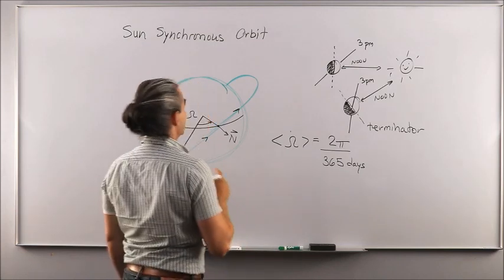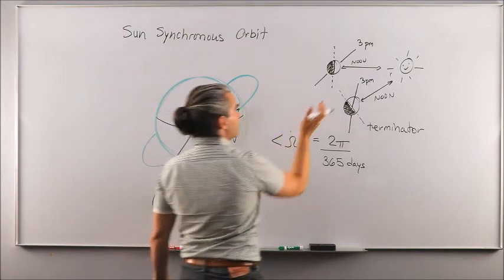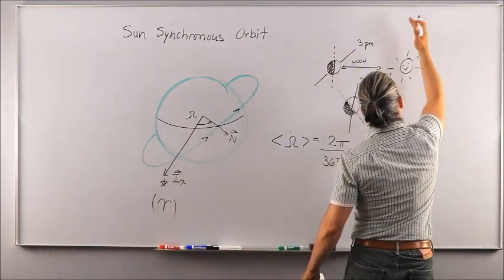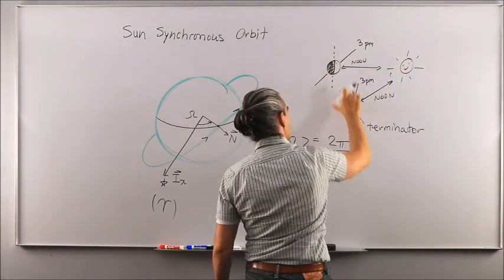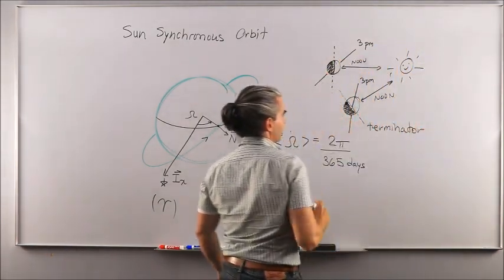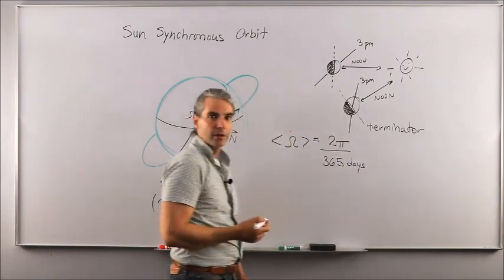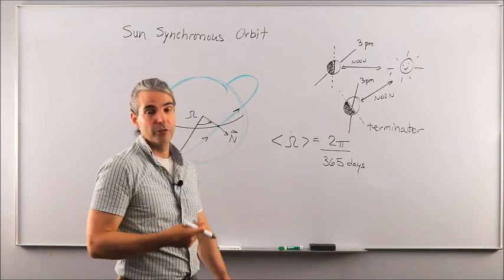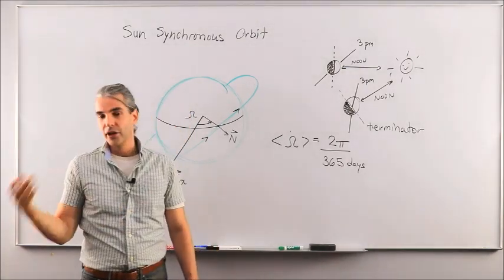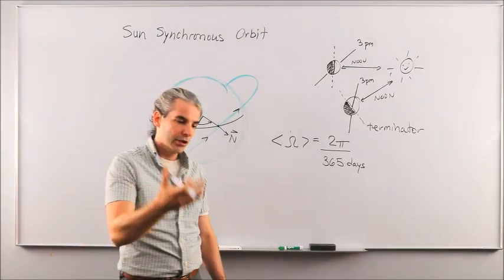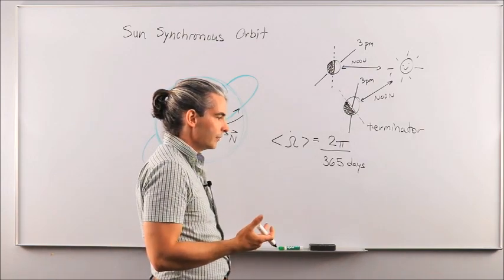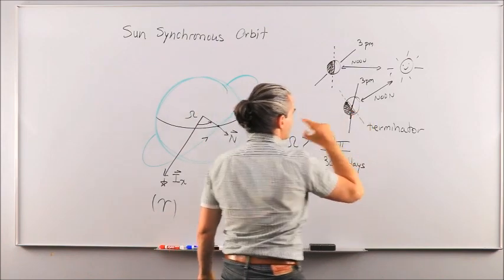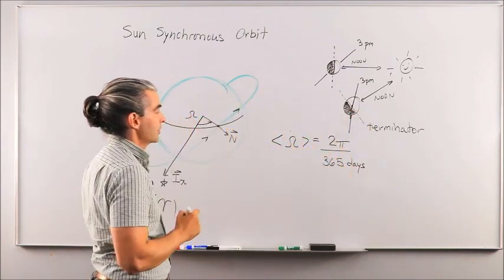So this is a sun-synchronous orbit. In other words, the orbit shifts throughout one complete year at the same rate that the Earth rotates above the sun, such that the illumination conditions are always constant for that particular orbit. And this has a lot of benefits for Earth observation satellites, for example, that want to image something, right? Having always the same illumination conditions for your sensor has obviously some great benefits.